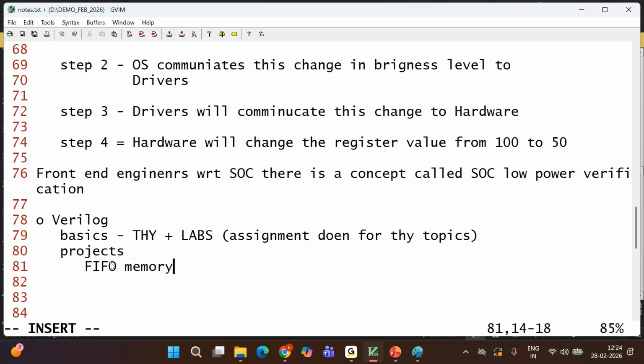It's nothing but a memory. You will practically learn how this FIFO memory is implemented in Verilog in a real-time project. Two variations are there, synchronous and asynchronous FIFO. Both of these you will learn.